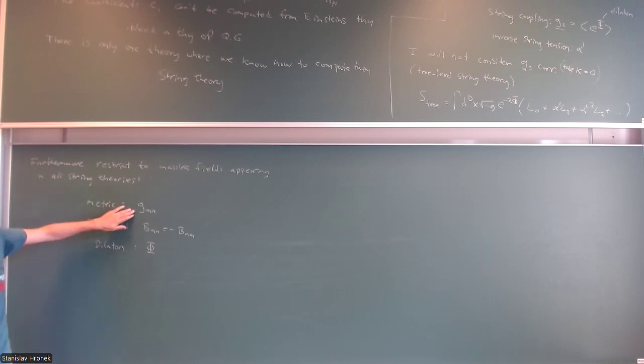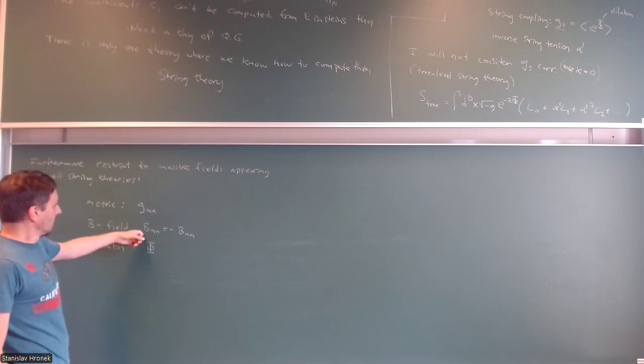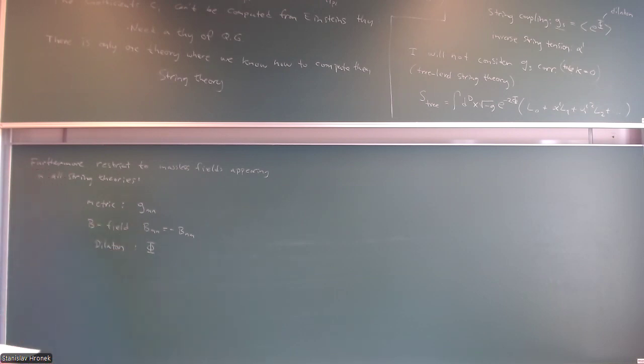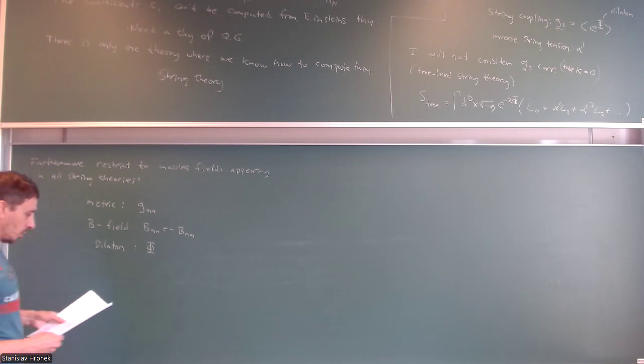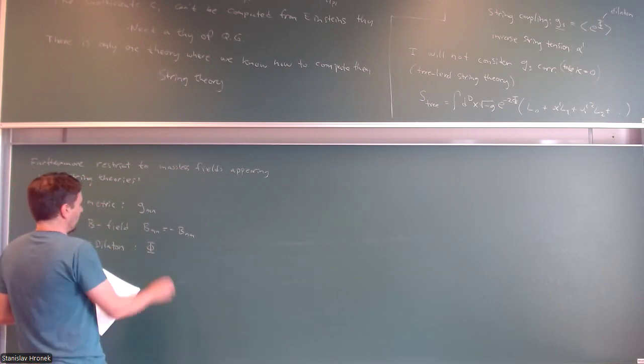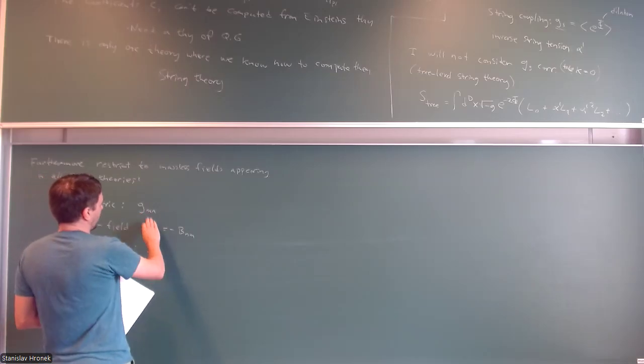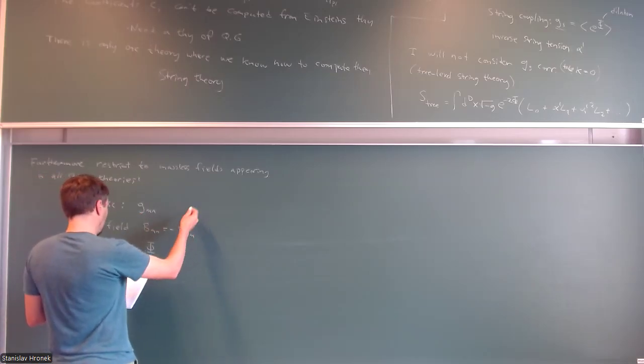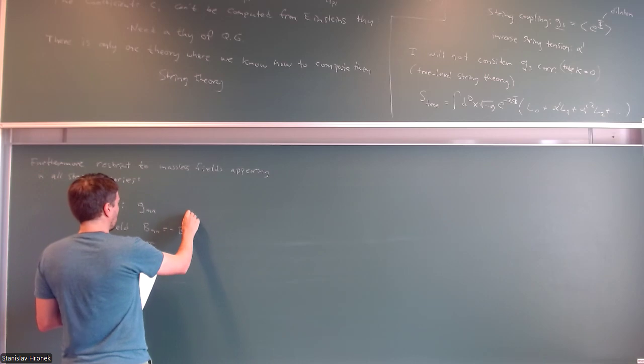Now the metric is of course a gauge field. Components of the metric are not physical. Similarly, the B field is a gauge field. So what appears in the effective action has to be manifestly gauge invariant, built from the field strength. In the case of the metric, that's the curvature, the Riemann tensor.